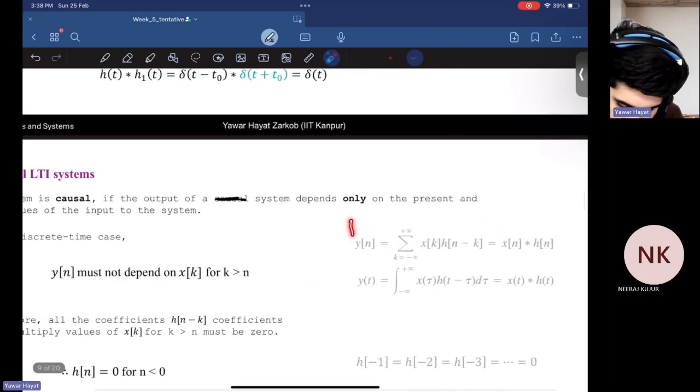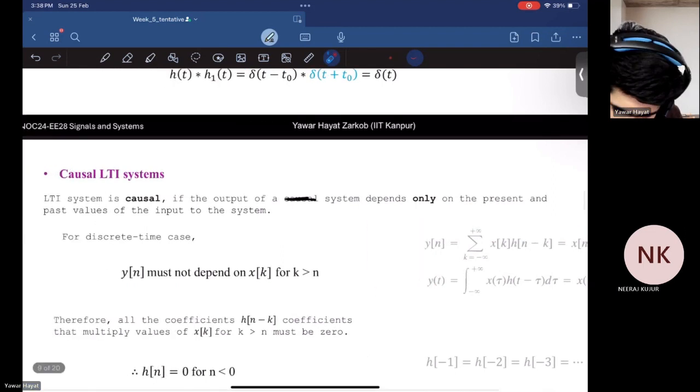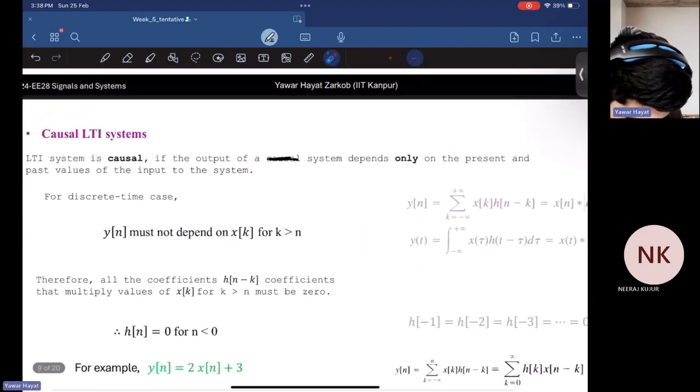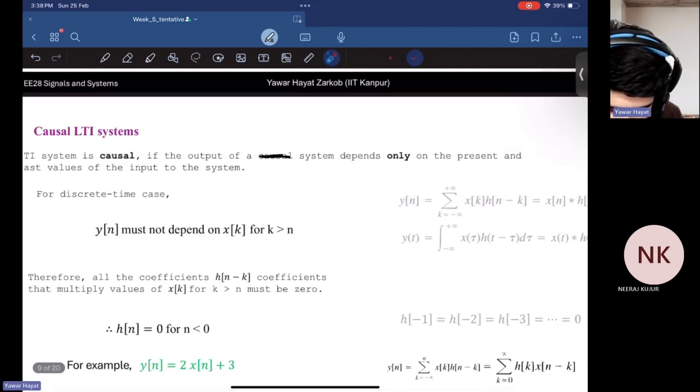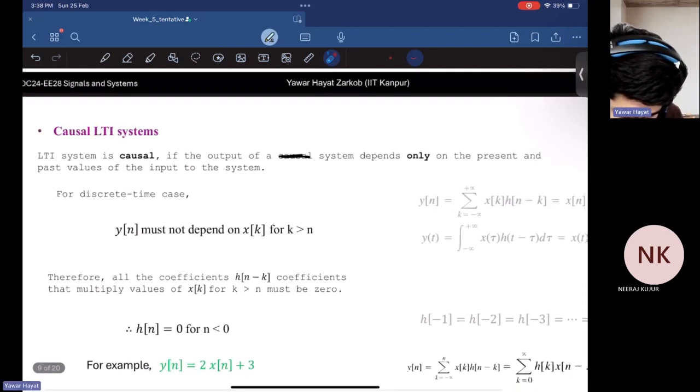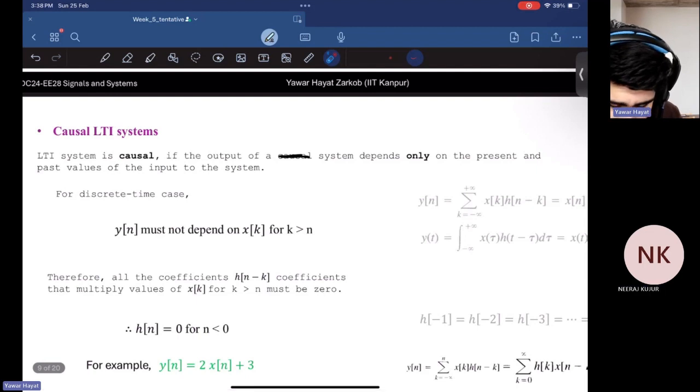So these are my convolution sum and integrals. All the coefficients h of n minus k that multiply the values of x of k for k greater than n must be 0. Why?